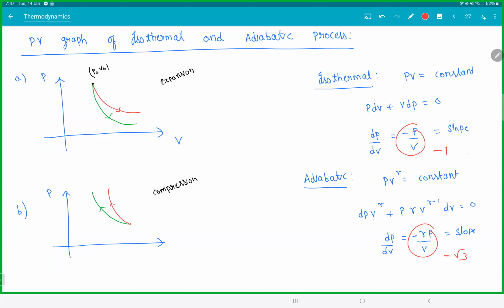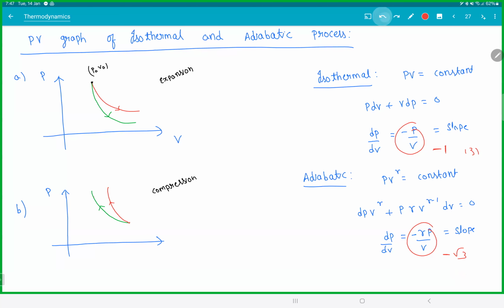So tan theta = -1 is how much? 135 degrees. Tan theta = -√3 is how much? 120. Which is more steep? When I say steep, what does it mean? Closer to 90 degrees. Who is more vertical? Adiabatic process. So when you draw a tangent for an adiabatic process and an isothermal process at the same point, the adiabatic tangent will be more vertical.